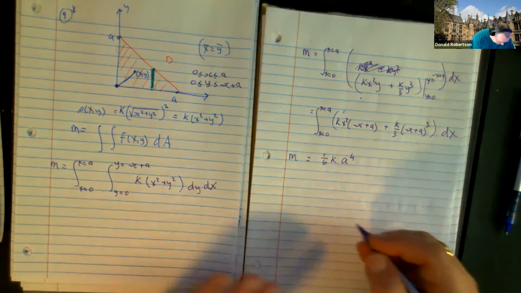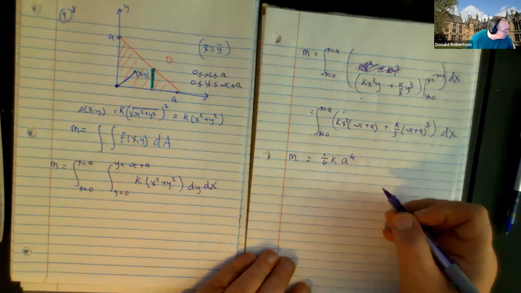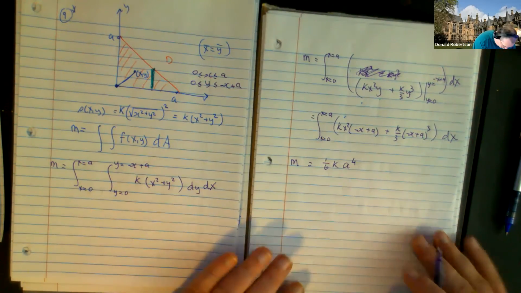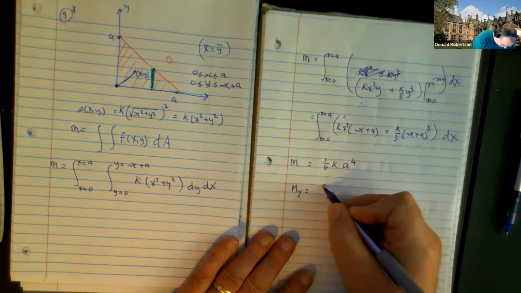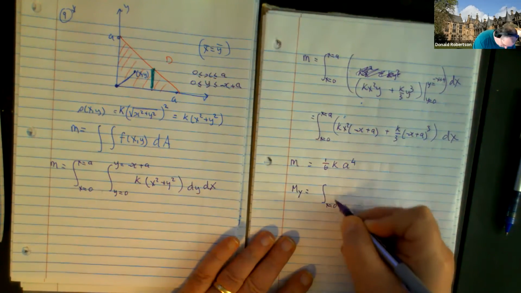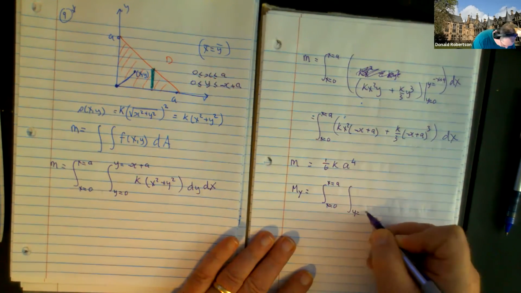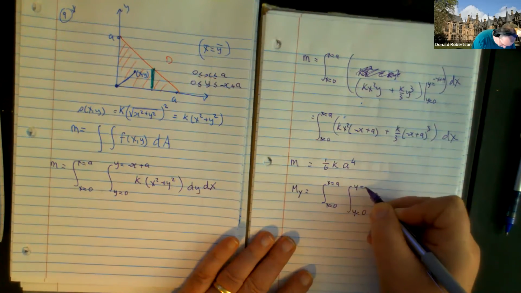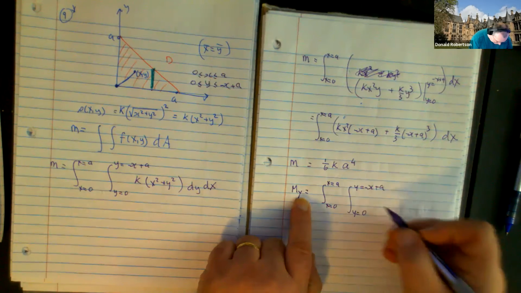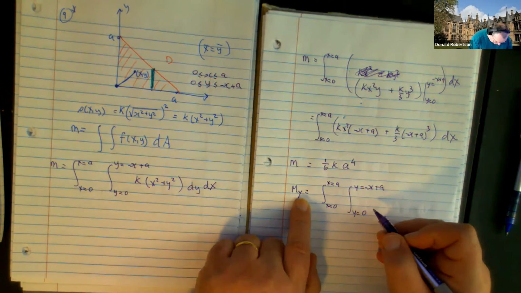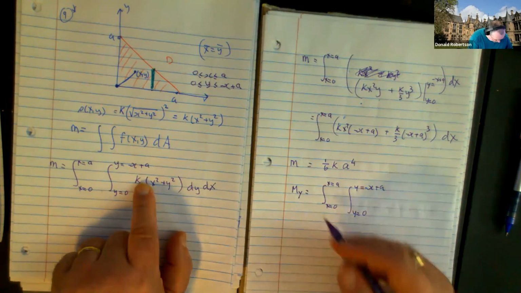Now, they say by symmetry, so that's fine. It is symmetric, so I'm only going to find that one. So it's going to be the integral from x equals 0 to x equals a, the integral from y equals 0 to y equals negative x plus a. And to get this one, you multiply this expression by x.